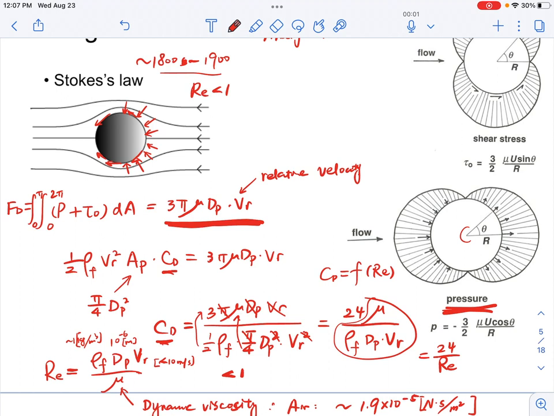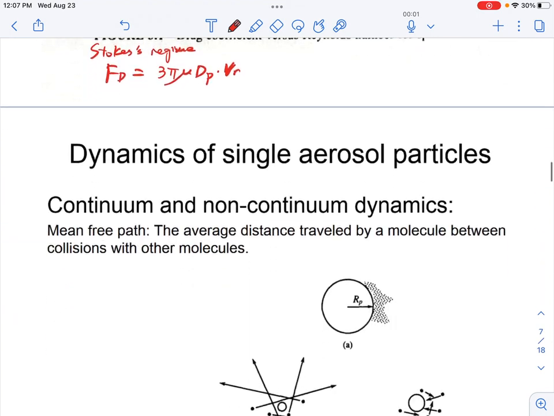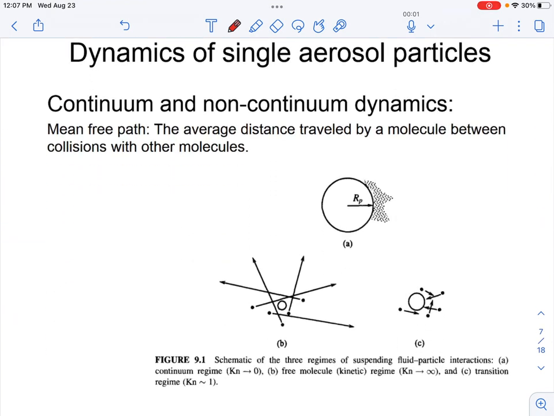It's kind of like pulling a soccer ball through sand, where the sand just moves like a fluid. But what if the particle size gets smaller? We make the particle size smaller and smaller until it's comparable to the gas molecule size. Are the gas molecules still going to follow the streamline along the surface of the particle?